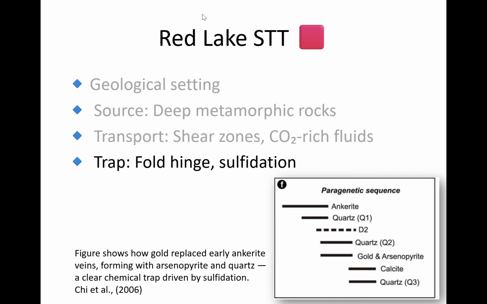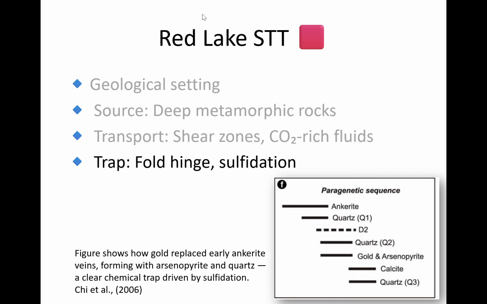The high-grade zone at Red Lake occurs in brittle stockwork and breccia veins in an antiformal fault hinge, a classic structural trap where dropping pressure in the opening fractures caused gold to precipitate, as we explained earlier.